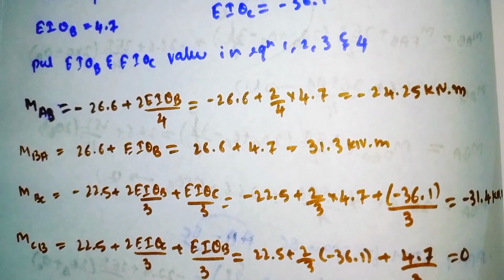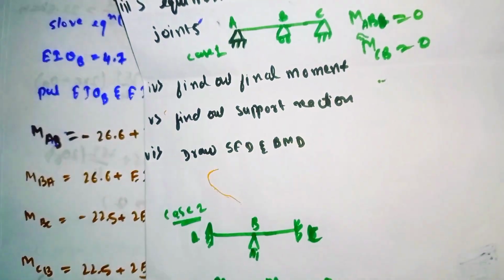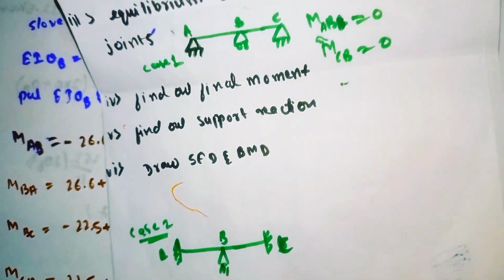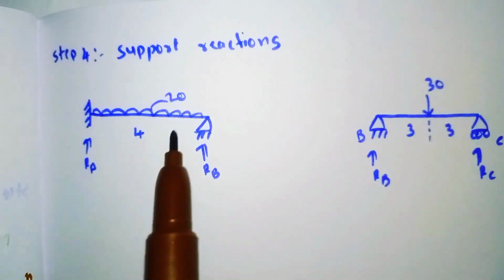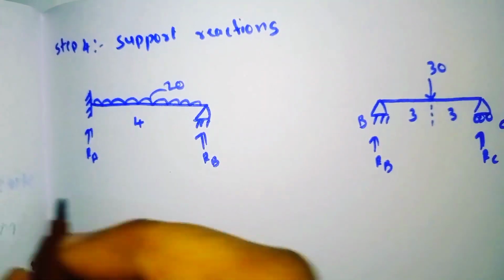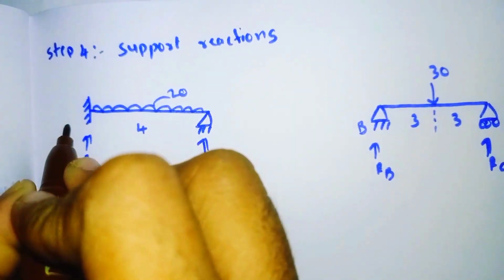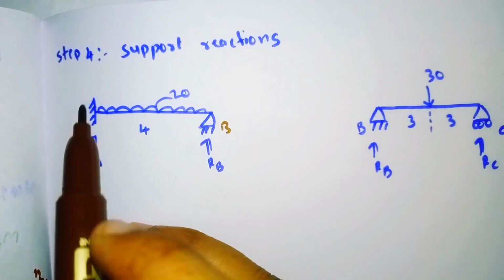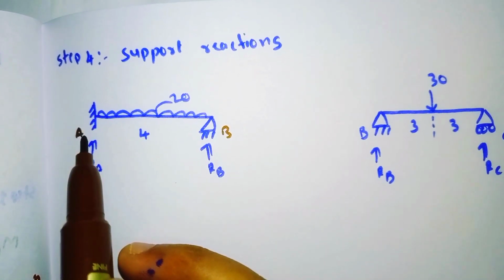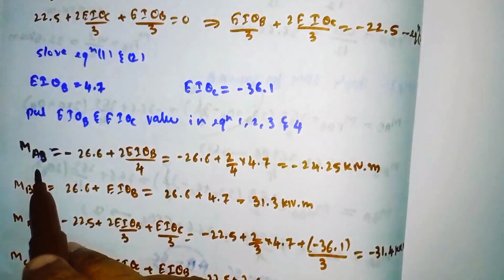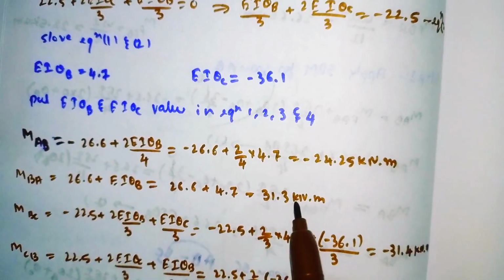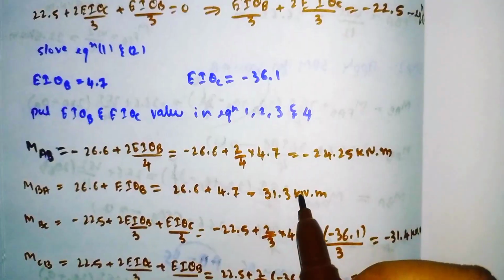So next is to find the support reactions. Now to find the support reactions, I have drawn two spans separately. This is AB span and this is BC. For AB we have the moment value MAB we got was minus 24.25 and MBA we got was 31.3.